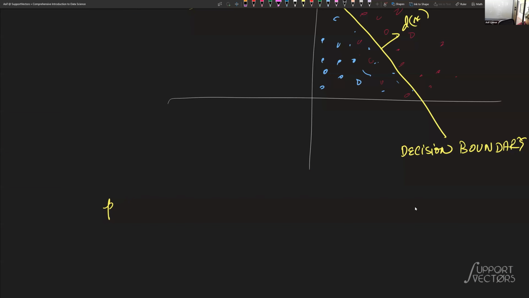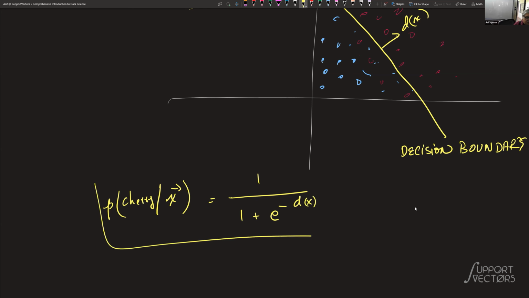You can pick something, either blueberry or cherry. Let's say cherry. The probability of a cherry at the point x, given the point x, is equal to the squashing of the distance function, right? 1 over 1 plus e to the minus d(x). Do you remember this, guys? This is where we stopped last time. Now the question is, this is a probability.